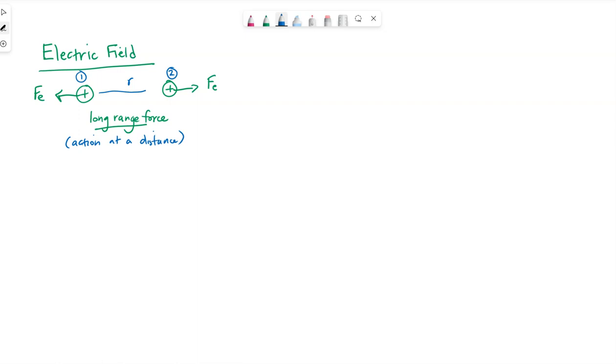Whenever we have long-range forces, we can talk about them in terms of field. In this case, electric field, meaning how, for example, charge 1 is affecting the region of space around it, such that, in turn, charge 2 will experience a force.